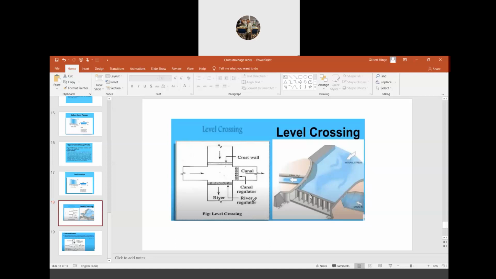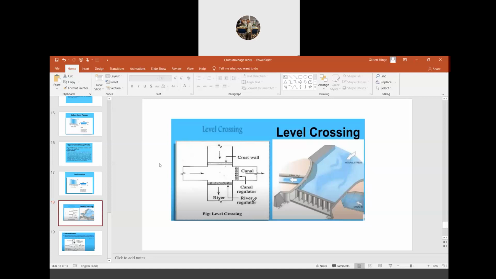This kind of structure, whereby we allow the water carried by the canal to mix with the water coming from the natural stream or river, is called a level crossing.